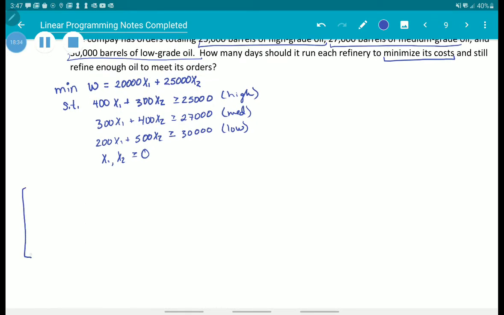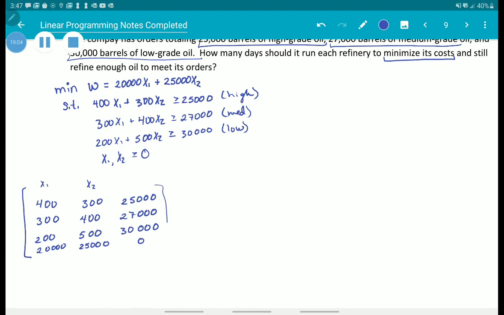So let's set this up in a matrix. Remember, we've got X1s and X2s in here. So we're going to put our constraints in first, and then the objective goes on the bottom. And we want the transpose.